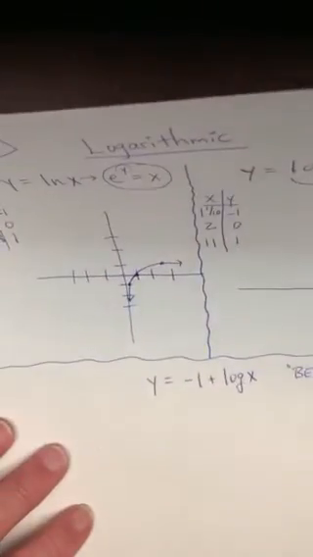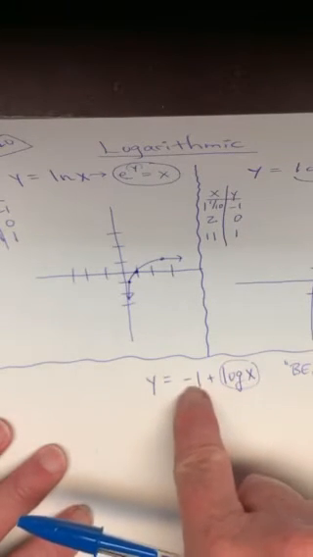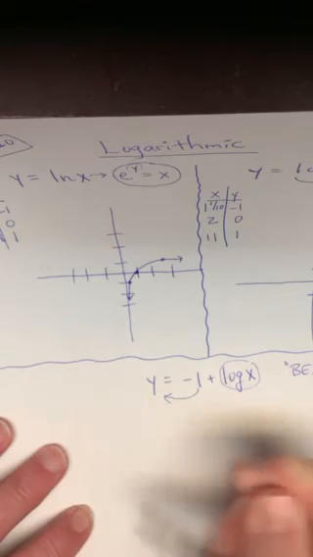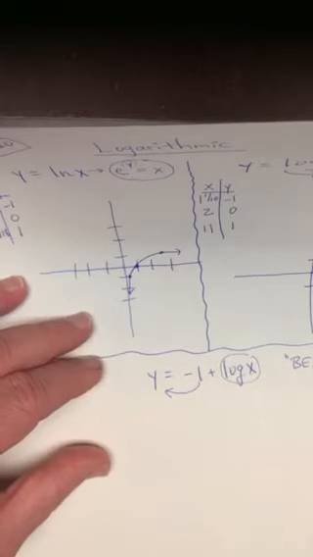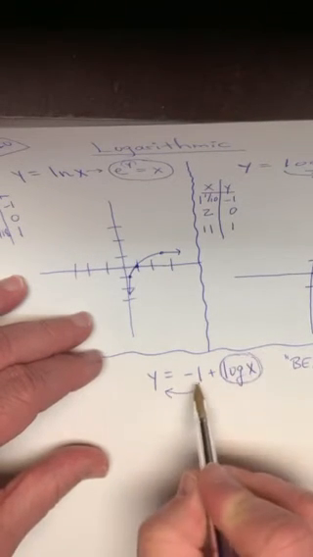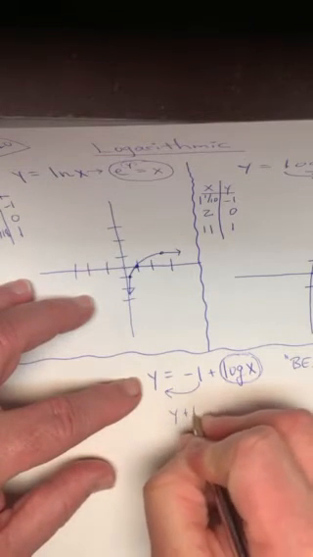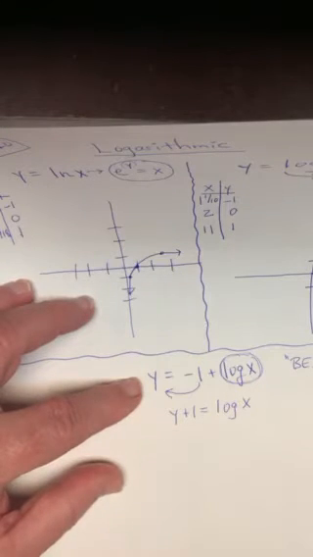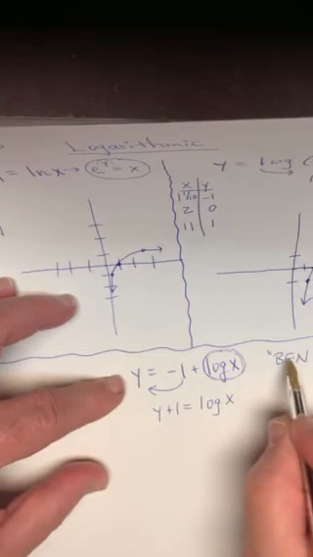On this third problem, I've got a logarithm here, but there's also another number hanging around on that side that's got to get shoved over first, okay? So your first goal is to get the word log by itself, which would require me again to add over that 1. So I've got y plus 1 equals log x. And now that the word log is isolated, I can use Ben, can I?